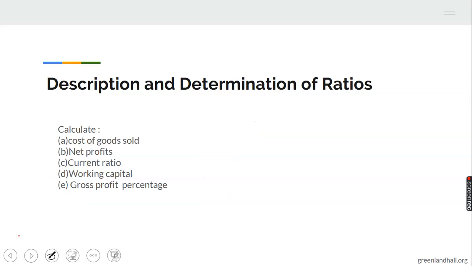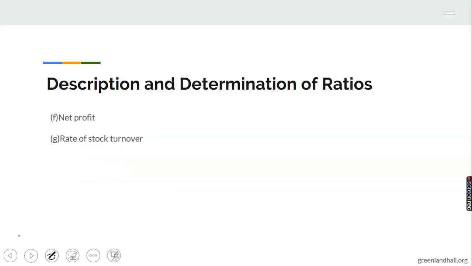You are asked to calculate A, cost of goods sold, B, net profit, C, current ratio, D, working capital, E, gross profit percentage, F, net profit percentage, and G, rate of stock turnover.